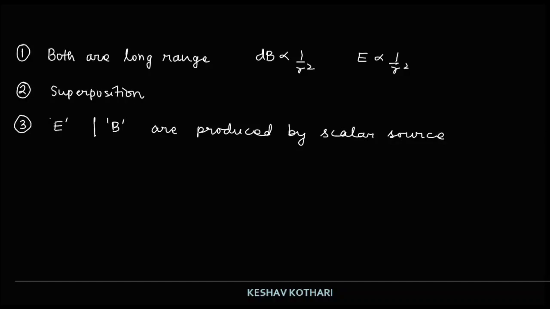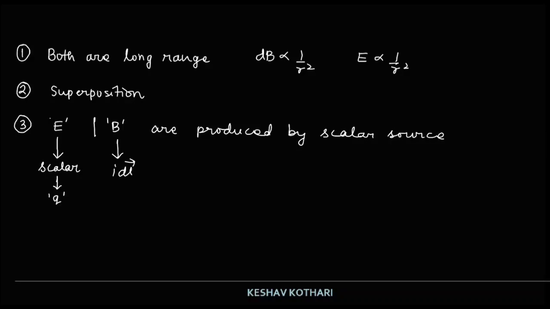But we can also say that the magnetic field is produced by a vector source, that is I dl. It has a vector source in the form of I dl, and it has a scalar source, and the source is current. But the root cause of magnetic field is also current, which is again scalar.